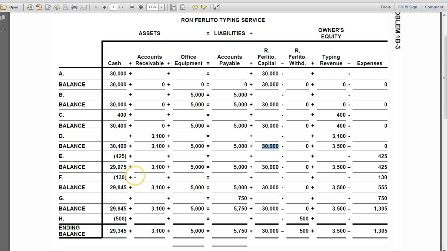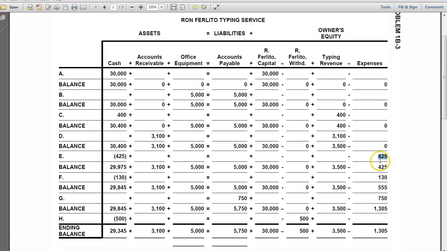Now, in transaction E, it indicates in the book you paid the secretary's salary. That's a drain on the assets. As you can see, we reduce cash by 425, and we are going to be adding to the expense account for 425.